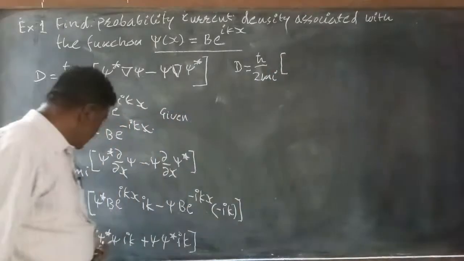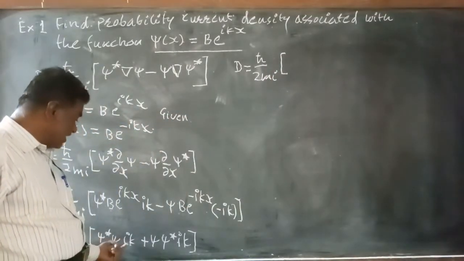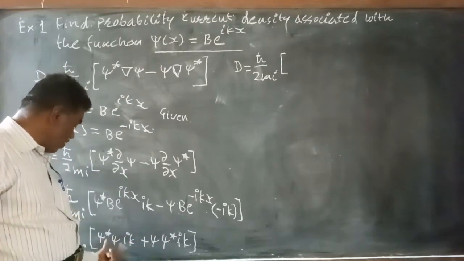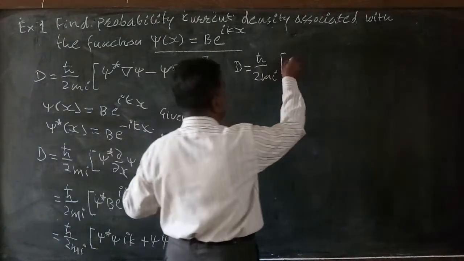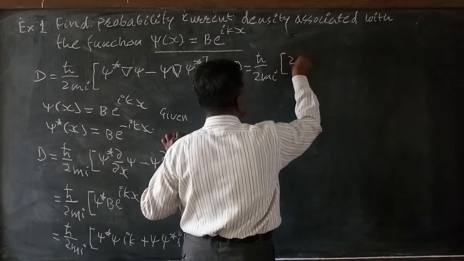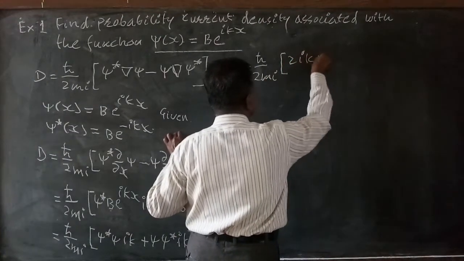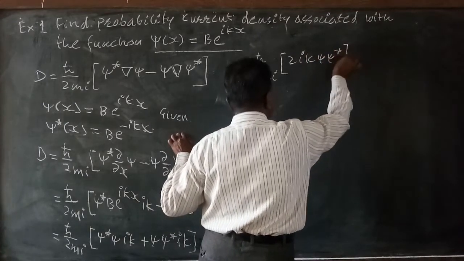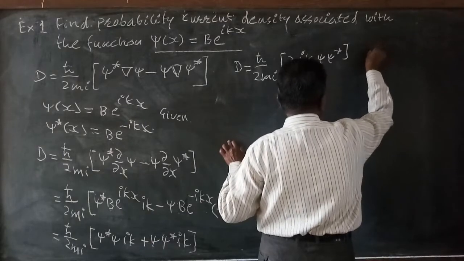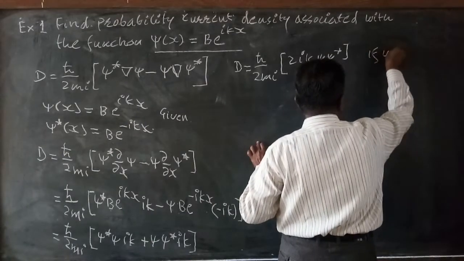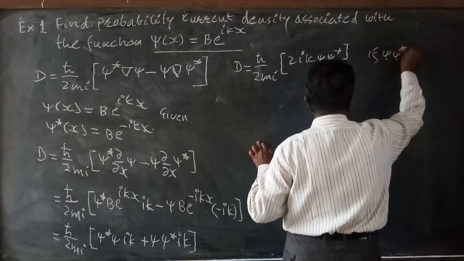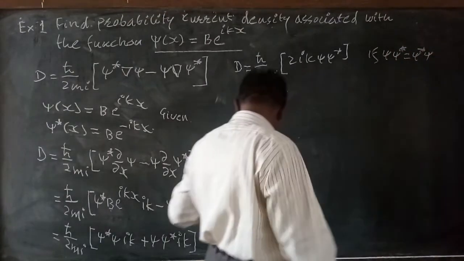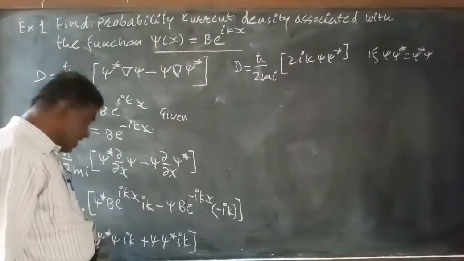You have to observe: psi star psi ik plus psi star psi ik comes out to be twice, so in the bracket 2 times ik psi into psi star. If we assume psi star psi equals psi psi star, then this is psi star psi.